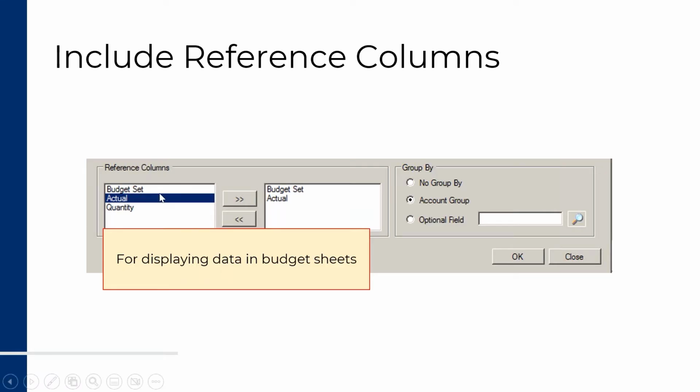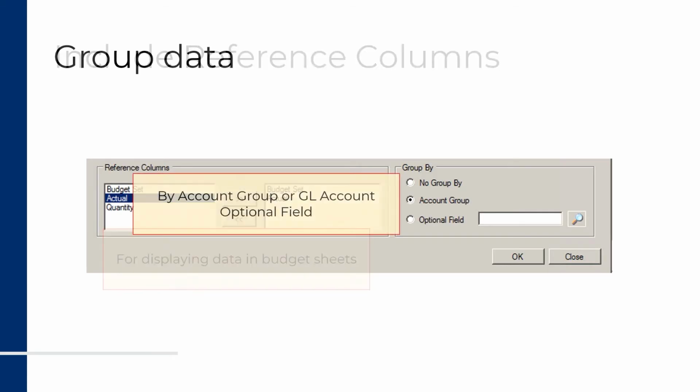But if they had the referential data, in terms of the actual expenditure amount from last year or even 2 years before, then they are able to make an informed derivation of their budget figures to say, oh, last year I spent so much, so it's likely that I'm going to go 10% over and so forth, and so that acts as a guidance. So you're able to include referential data in your budget sheets, and I'll show you what I mean by that in the demo.